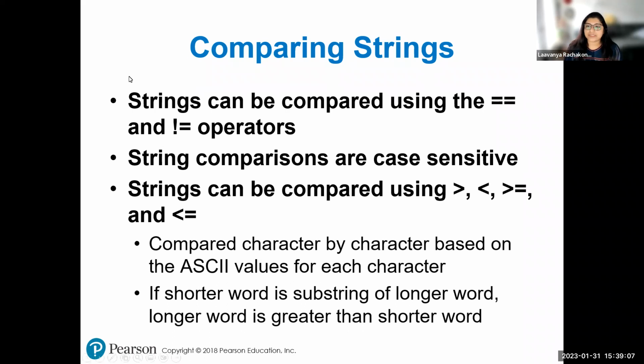For example, let's say you have the word strings. From here, ring, which is also a word, is a substring of the word strings. So when you are comparing strings and ring, as ring is a substring of strings, strings is greater than ring, right? You're just including more alphabets in your word strings, which has more alphabets compared to ring, which is a substring of strings.